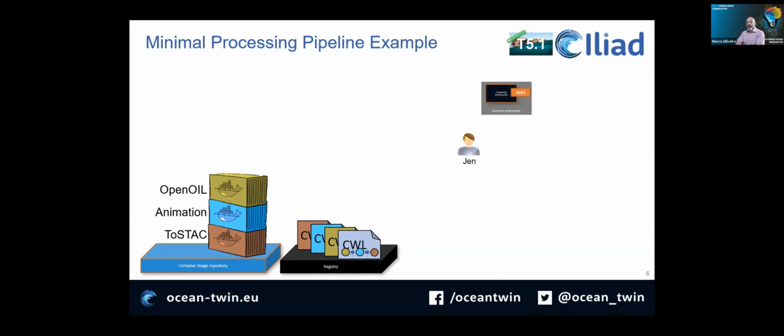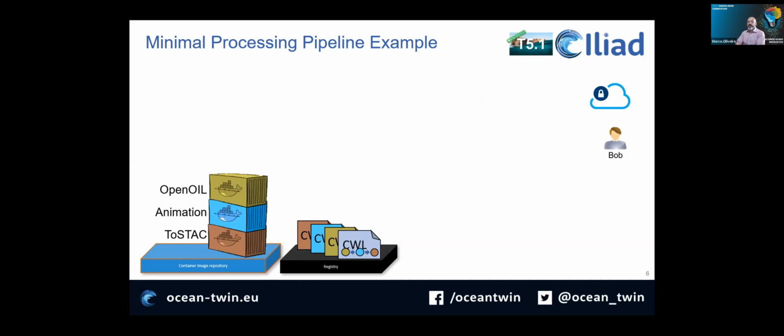Others, for example, Jen, an analyst, can deploy these applications or packages through the OGC API and make them available also as a process for others, or as Bob, and I will show a small example.